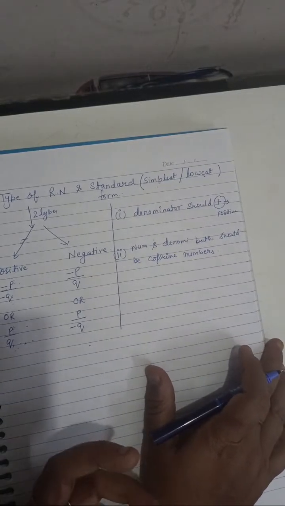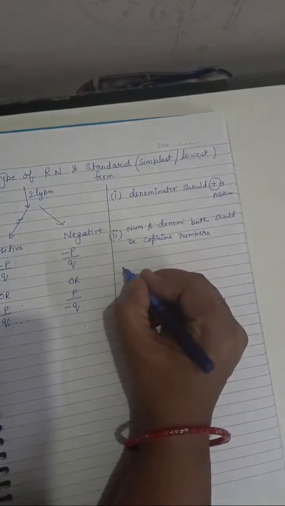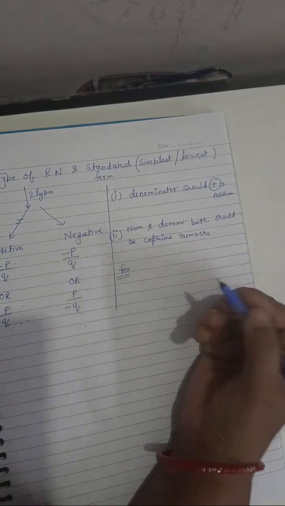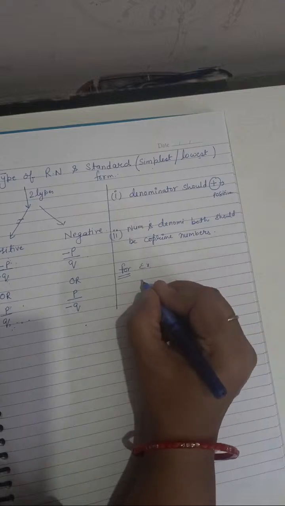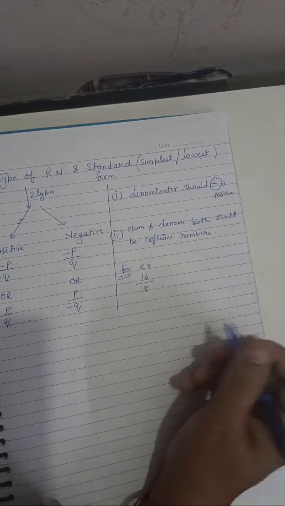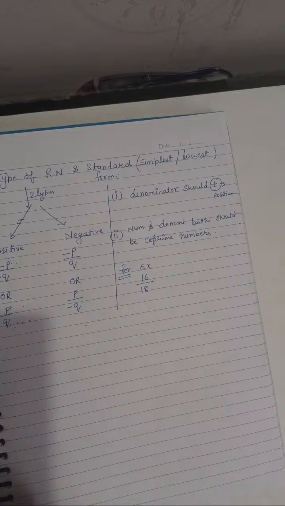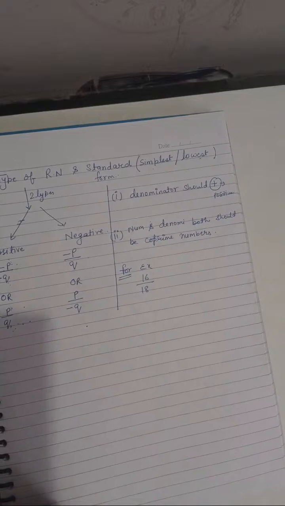Now what is the meaning of co-prime number? Say, for example, if I have taken 16 upon 18, can anybody tell me what is the common factor between 16 and 18?